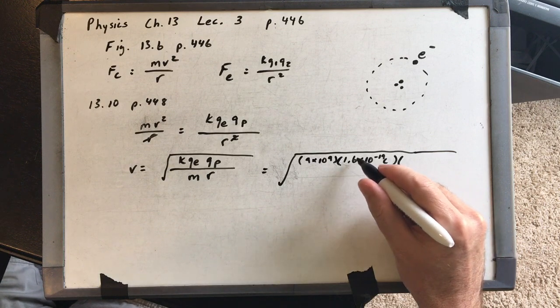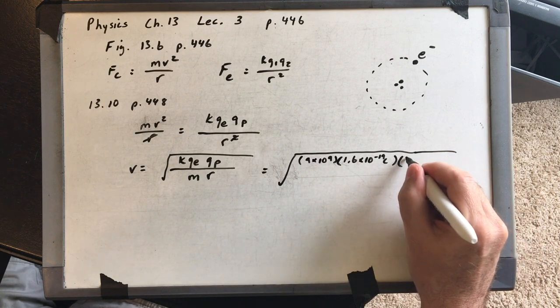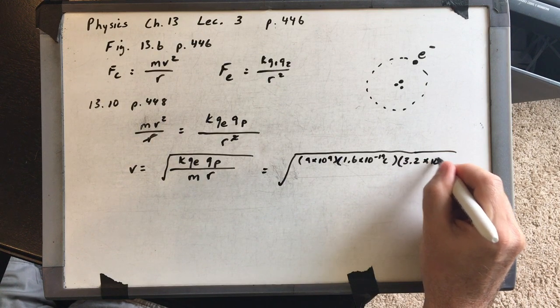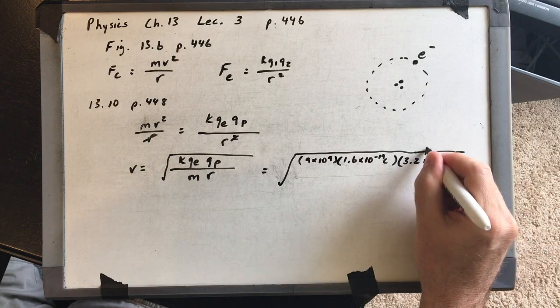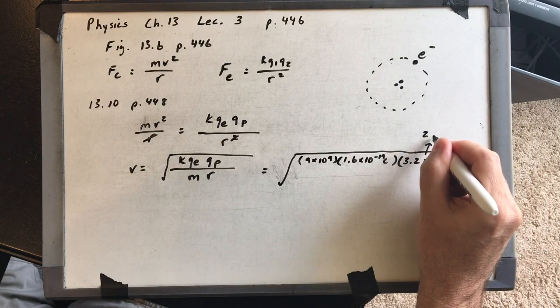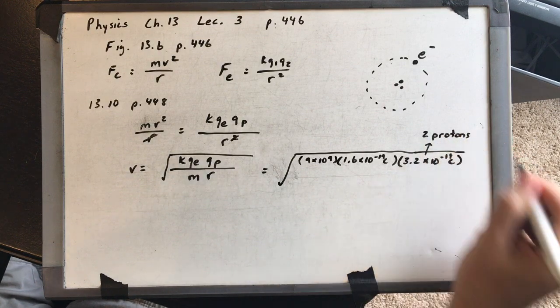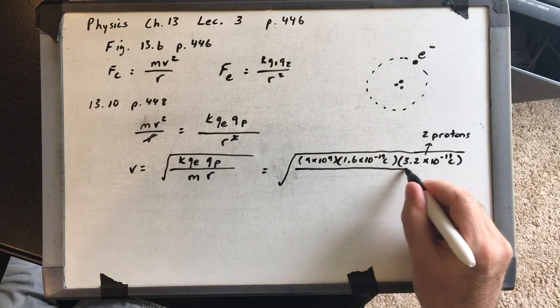Well, a proton has a 1.6 times 10 to the minus 19 coulomb charge, but since there's 2 of them, we need to double that. What I want you to do is in your notes there, make sure you do 2 protons, because some of your problems will just have 1, some of them may even have 3 if it's a lithium ion.